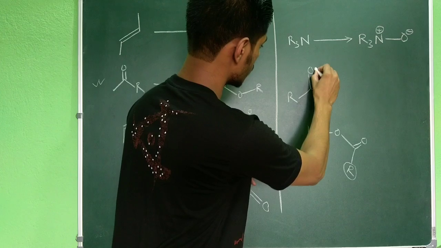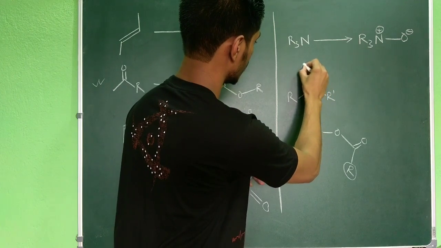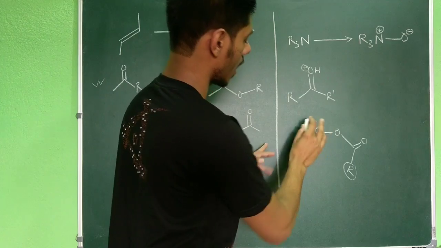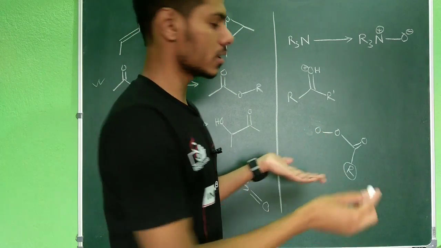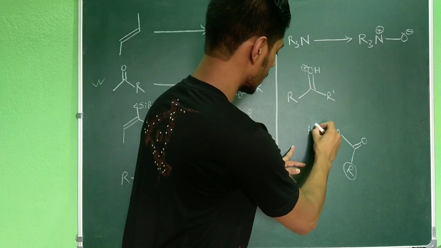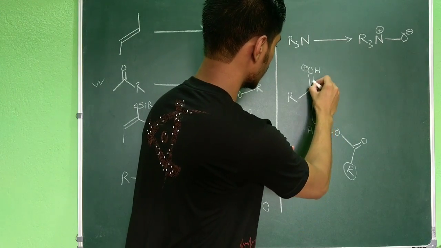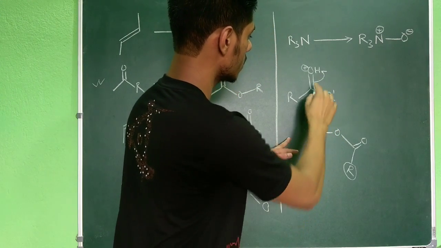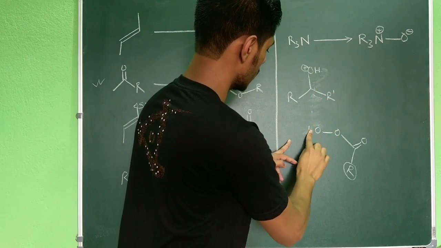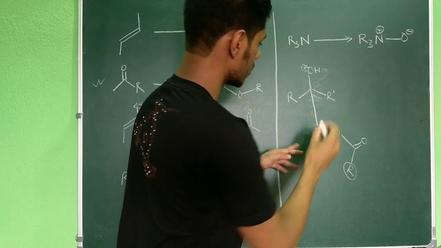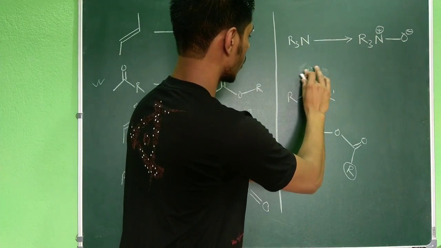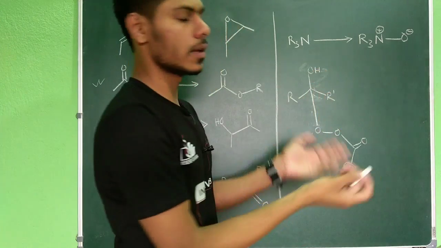First of all, this will be protonated, or as the reaction is occurring in the acidic medium, this will also be in the OH form. Now what will happen next? This will attack here and it will open. If this happens, you will get this type of tetrahedral intermediate, and here you will not have the positive charge, so you will have the free OH group.